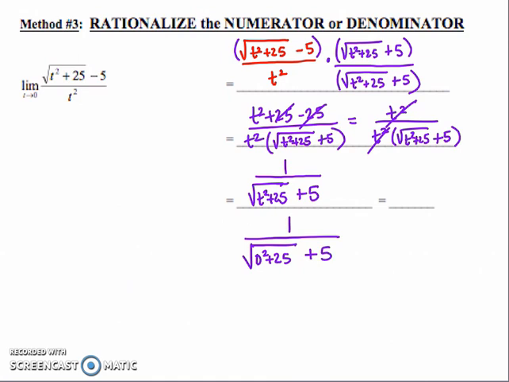Well, 0 squared is 0, 0 plus 25 is 25, and the square root of 25 is 5. So this ends up being 1 over 5 plus 5, which means that my limit is equal to 1/10.